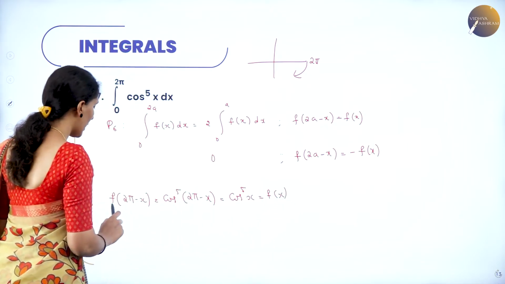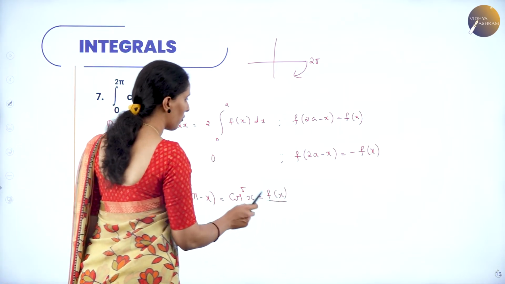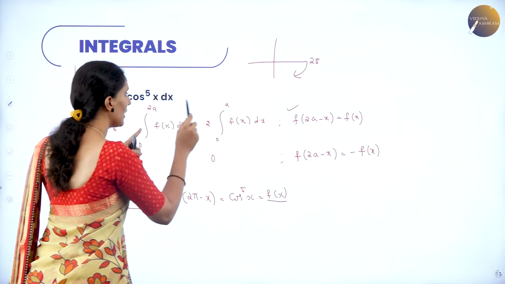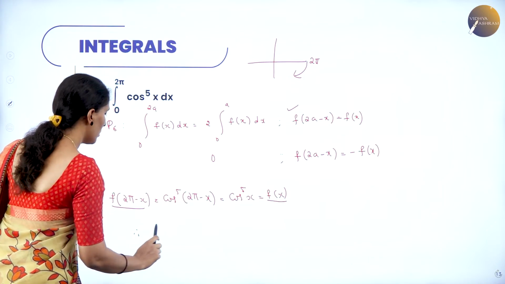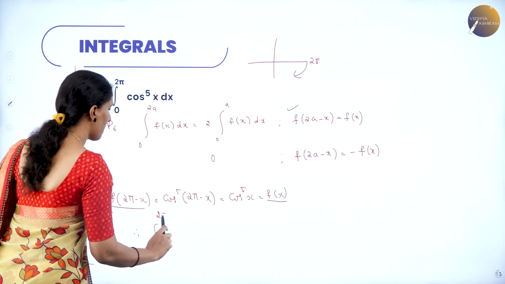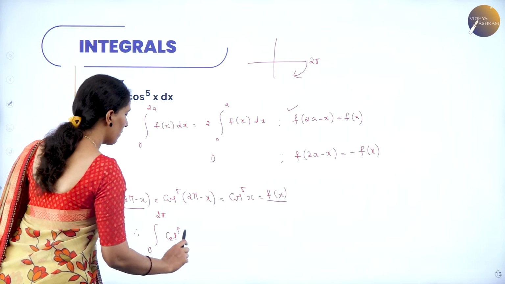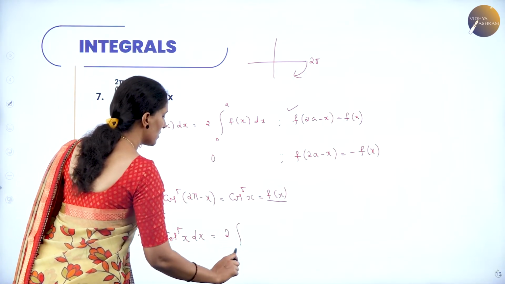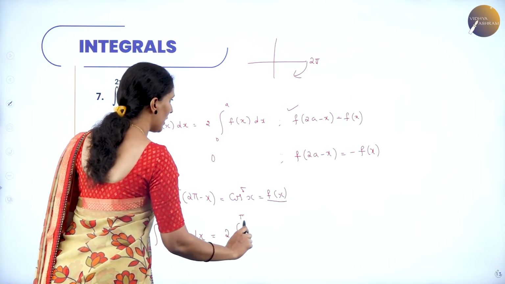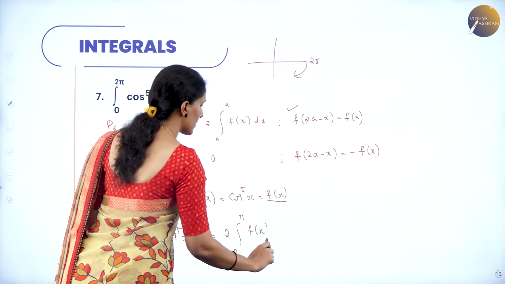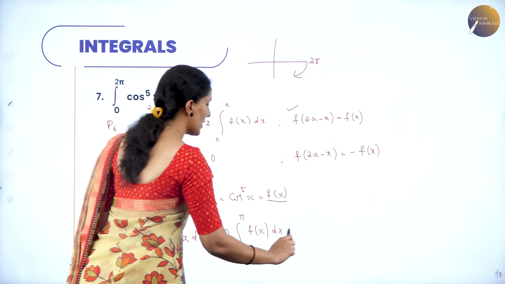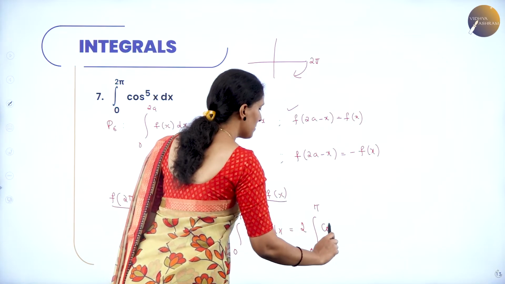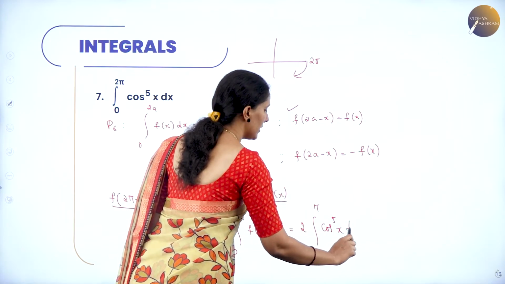So now we got f(2 pi - x) as f(x). If this holds, then I have to write the integral in this form. Therefore, the integral from 0 to 2 pi of cos^5 x dx can be written as 2 times the integral from 0 to pi of f(x) dx, which is nothing but 2 times the integral from 0 to pi of cos^5 x dx.